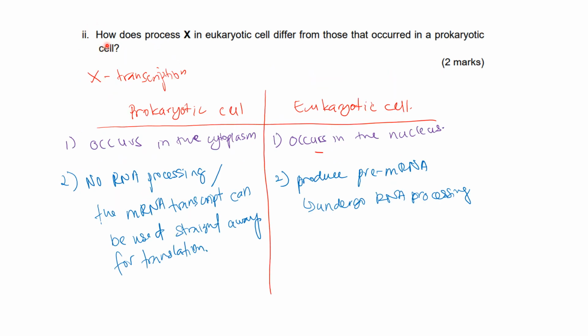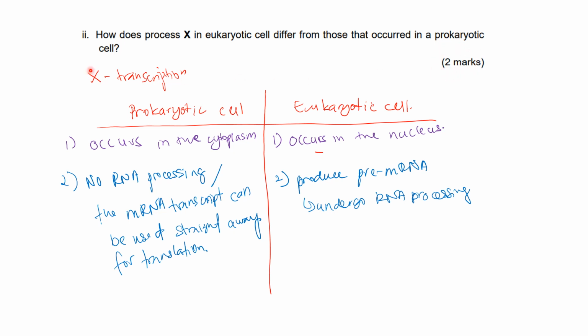Next question, it says here, how does process X in eukaryotic cells differ from that which occurs in a prokaryotic cell? As you know, process X in the diagram is actually transcription. You look at the marks for this question, it is worth 2 marks.